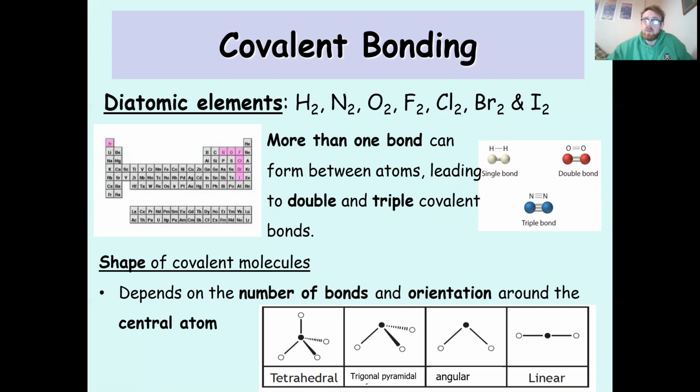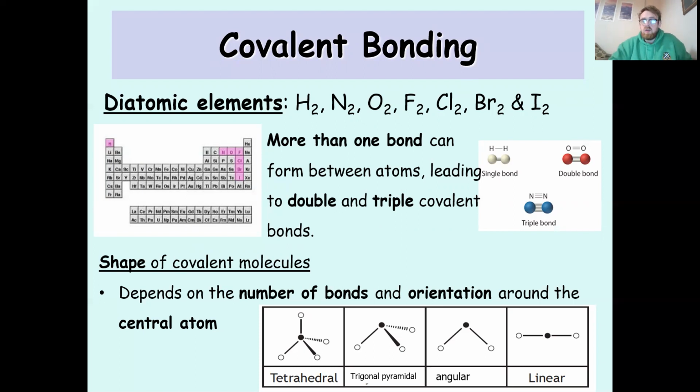So however you want to remember them, please do, but it's hydrogen, nitrogen, oxygen, fluorine, chlorine, bromine, and iodine. Those are the 7 diatomic elements. If you're writing down nitrogen in a chemical equation on its own, it's not just N, it's N2 because it bonds to itself. That's what the molecule is.